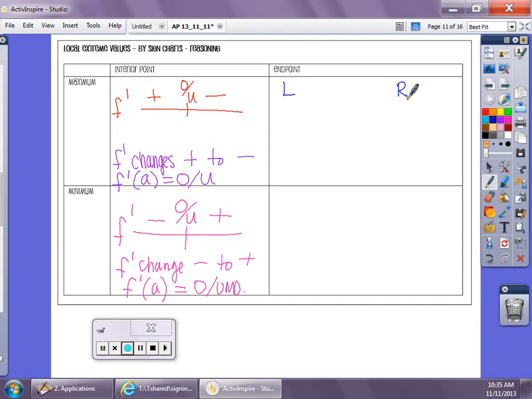So what does the sign chart for f prime look like for a left endpoint? It just has to have a negative. Now, given that point that you went down from, was the derivative anything special? Was it 0? Does that look like a 0 derivative? No. I'll do a better one.